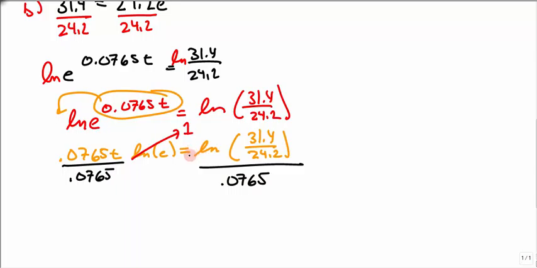So when I plug this into my calculator, I need to be pretty careful. I need natural log, and make sure you have parentheses, divided by, so we're keeping track of that layered fraction. So let's go ahead and plug this into the calculator.